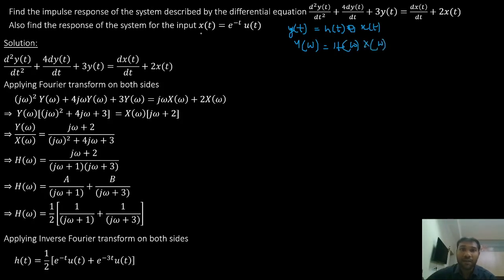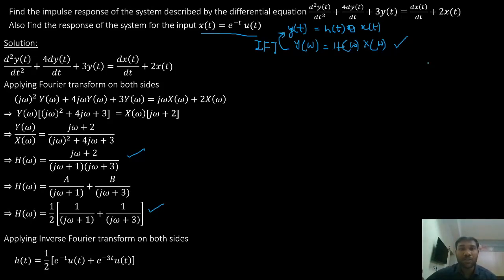I can find the X of omega from this, and I know my H of omega, this or this expression. I can use whichever is suitable. Then I'll get my Y of omega, and then I'll take the inverse Fourier transform to get my y of t. So this is an easier and less complicated method. So we'll go for the second method.